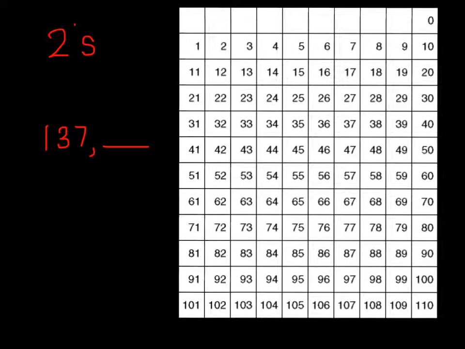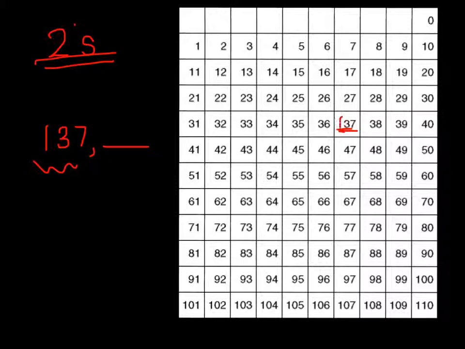It gets a little trickier when we start to skip count and we begin with a larger number. As you can see, this number grid does not go up to 137. So we need to figure out how this grid can help us if we don't see 137 on it. We need to skip count by twos. What we can do is, instead of trying to find 137, just find 37 on the number grid.